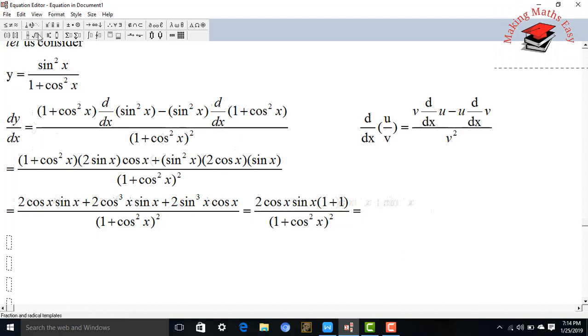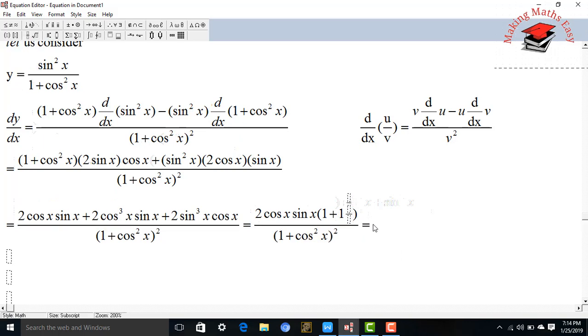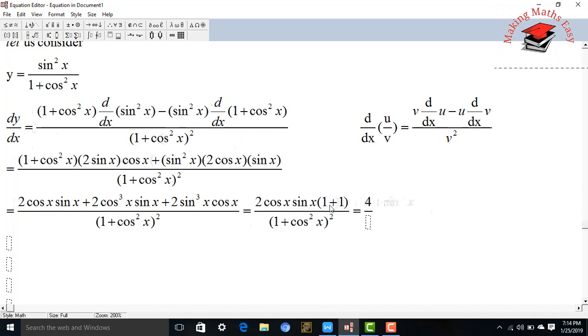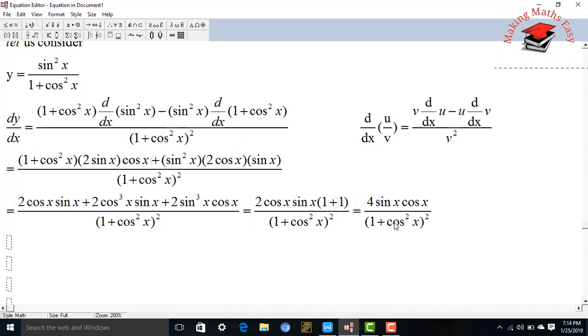Now our answer is completed. 1 plus 1 gives me 2, so it will become 4 sin x cos x divided by 1 plus cos square x the whole square. So this is our final answer.